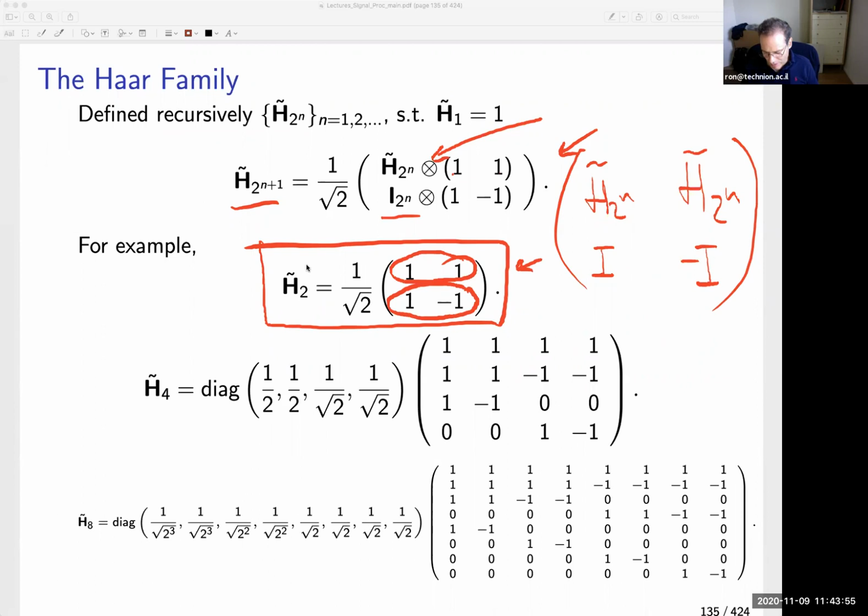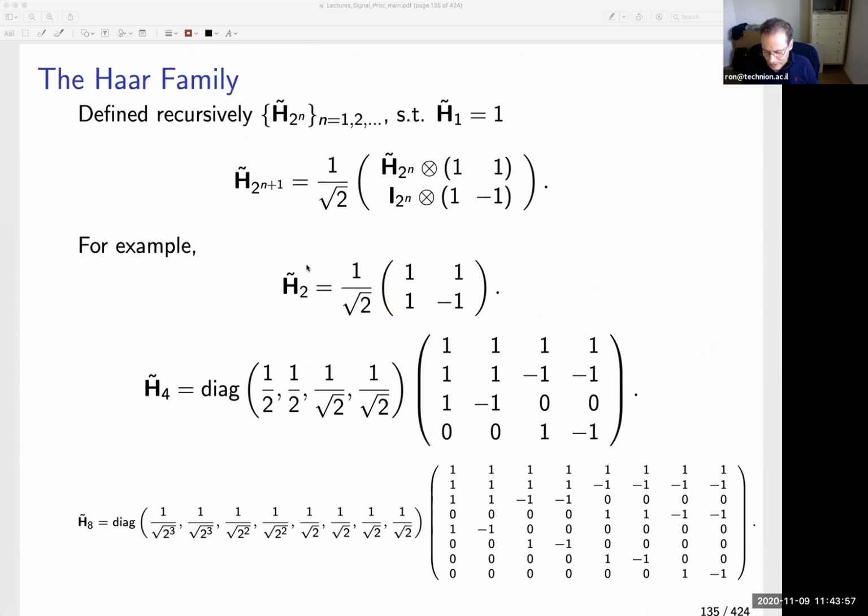And this is how it would look like for the H4. What we have here is the 1, 1 being placed at each and every point of the Haar matrix.